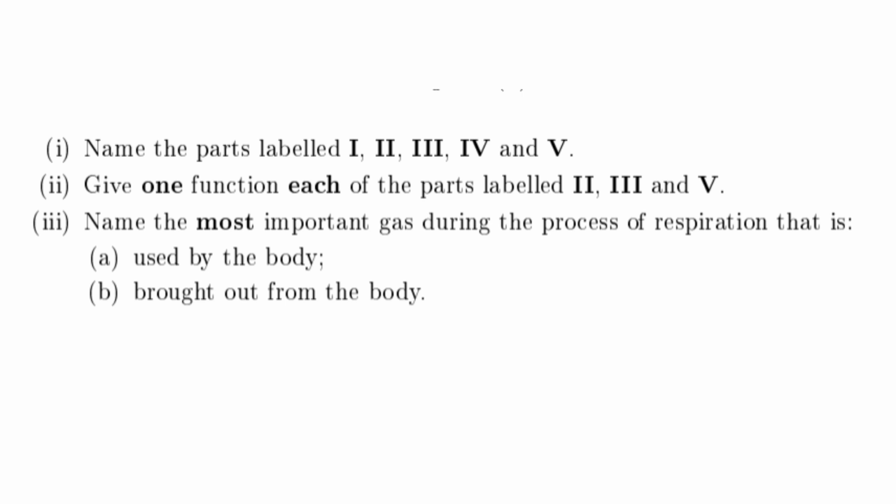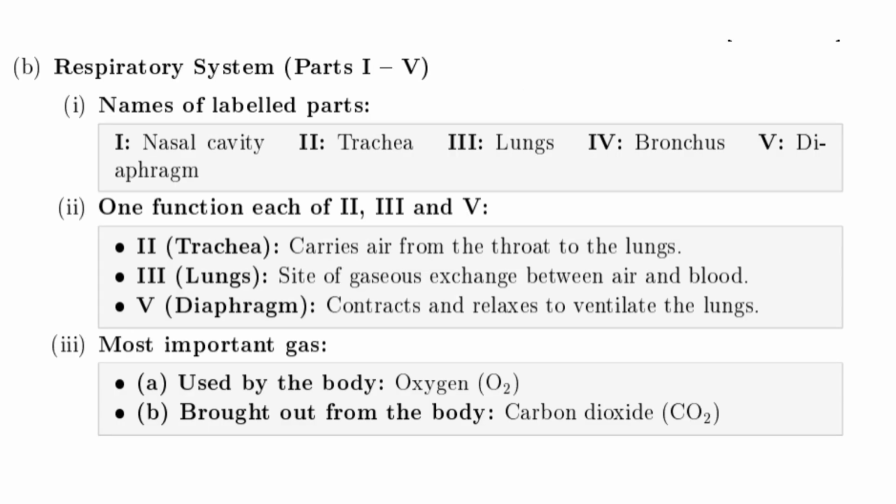So let's look at our answers. I is the nasal cavity, II is the trachea, III I think is the bronchioles, and IV will be the lungs. I changed it, so please take notice. Then V will be the diaphragm. One function each of the body parts: II carries air from the throat to the lungs.